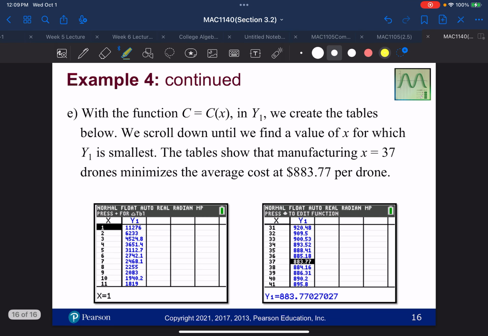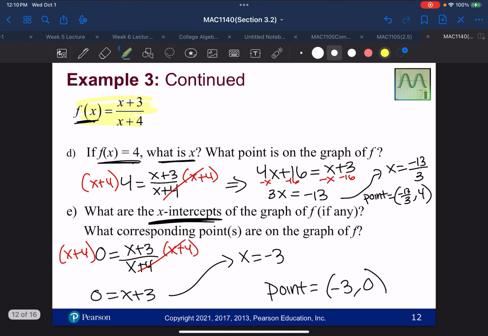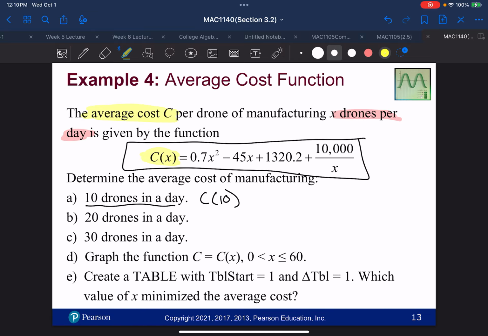All right, the reason why I'm really showing you this is for part E. Part E is asking us, and let me go back to the actual question, to create a table with table start equals 1 and table step equals 1, and find which value of x minimizes the average cost. So I'm going to look at my table of values to find the value of x that gave me the smallest y value, since the y value is my average cost.